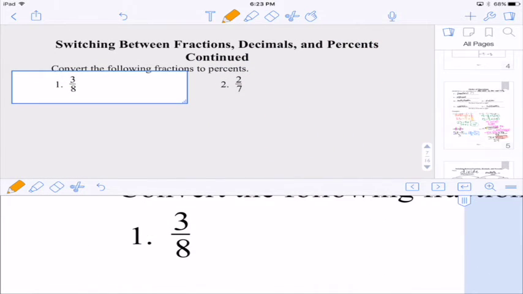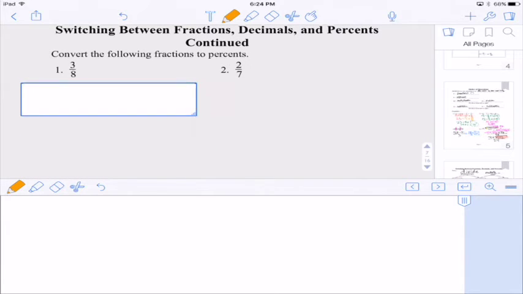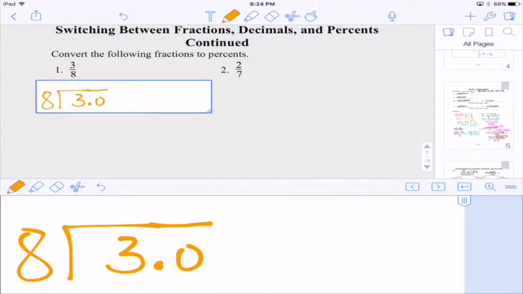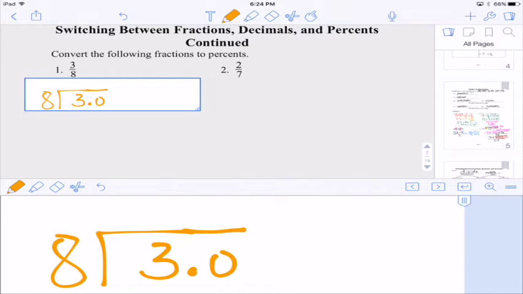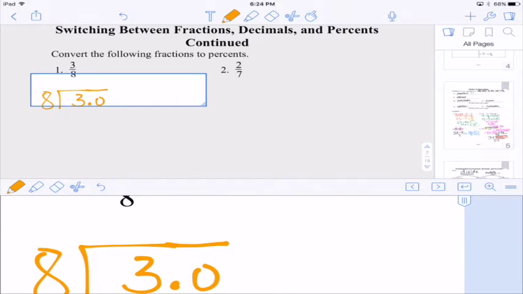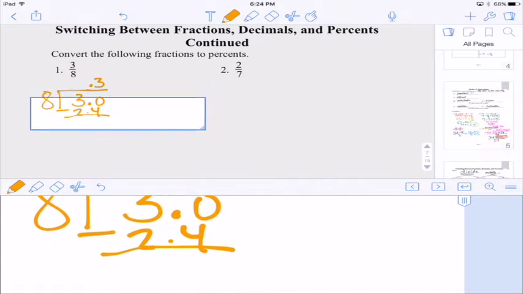Okay, so let's look at a couple more. We want to convert these fractions to percents, so we got to go pretty far. We want to divide 3 by 8. So, well, remember that doesn't work, so we need our decimal. 3.0, which is like thinking of it like 30. So, well, we can multiply 8 by 3. 3 times 8 is 24, so 2.4. And we subtract.